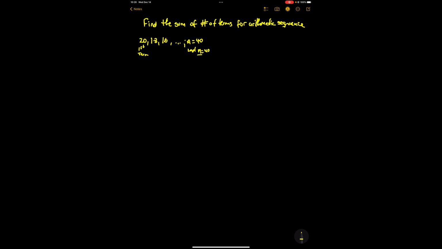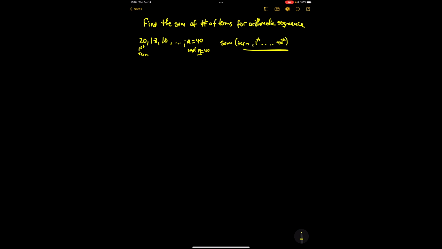Now they're asking you to sum the number of terms. So you're going to have to sum term 1, the first term, all the way to term number 40. So you need to sum all of that.